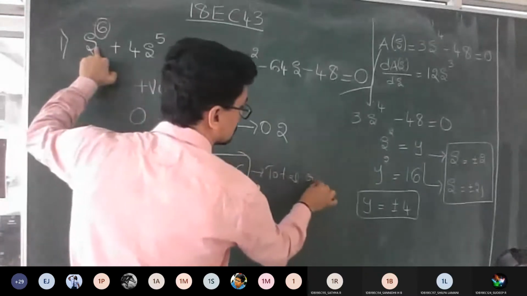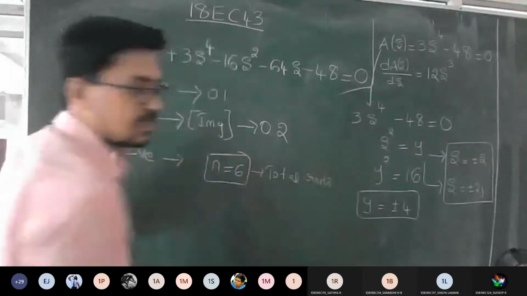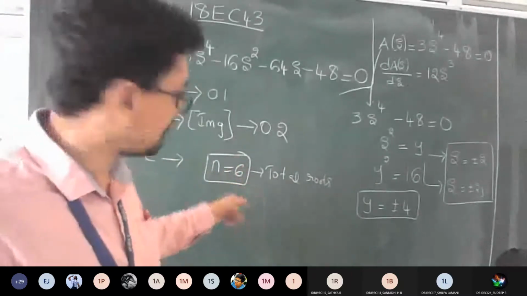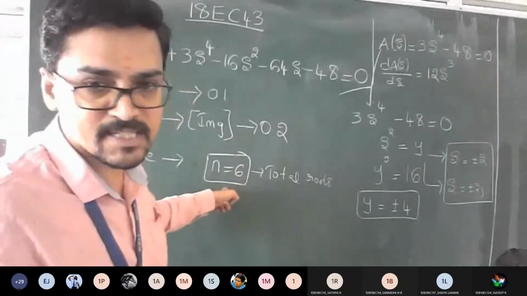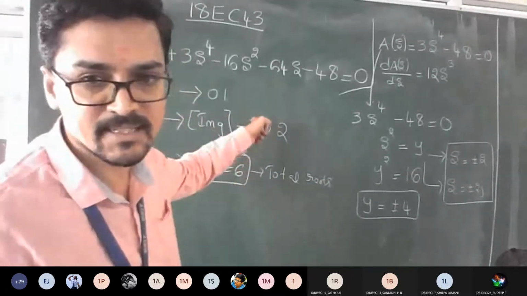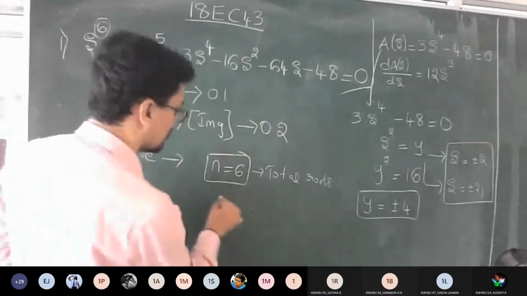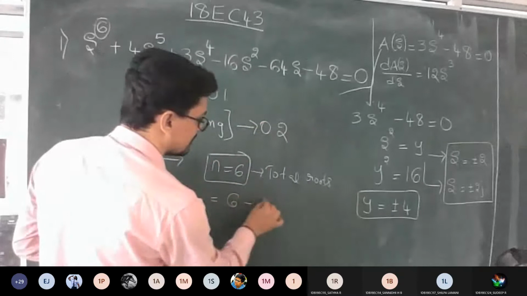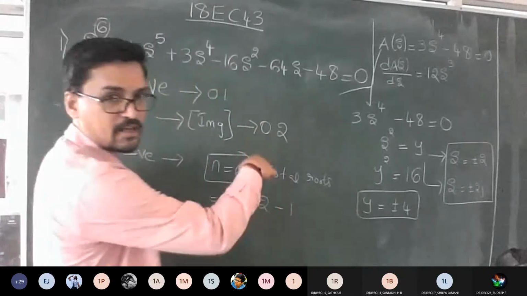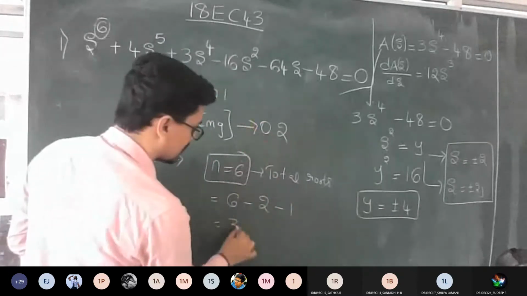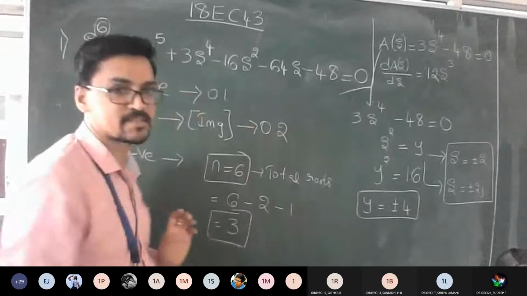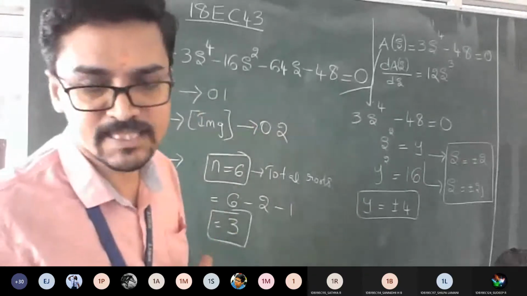If the total roots are 6, I already got 3 answers, so how many are left? 3. To get that 3, subtract the total with the two answers you got earlier. Then from this you can conclude the number of roots present towards the negative side. Is it okay now?